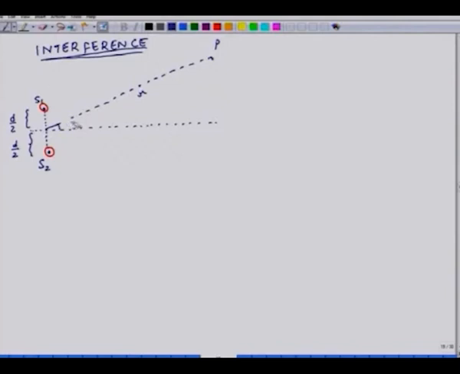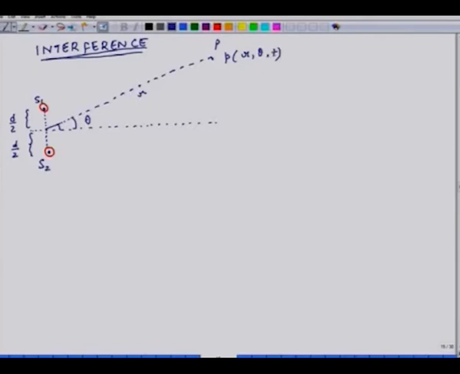So, I will just make it a little larger. This angle is theta. So, the pressure at point P is lowercase p, and that depends on three variables: r, which is the distance between P and origin, theta, and of course, time.